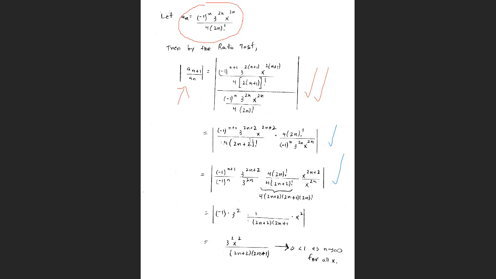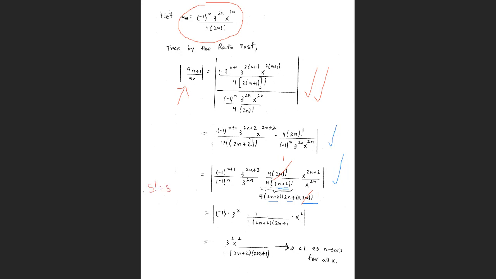Okay, so the factorials: if you take 2n plus 2 factorial, that's just going to be 2n plus 2 times 2n plus 1 times 2n factorial. The reason that's good to write it that way is because then you get simplification here. It's no different than if you were to take 5 factorial.